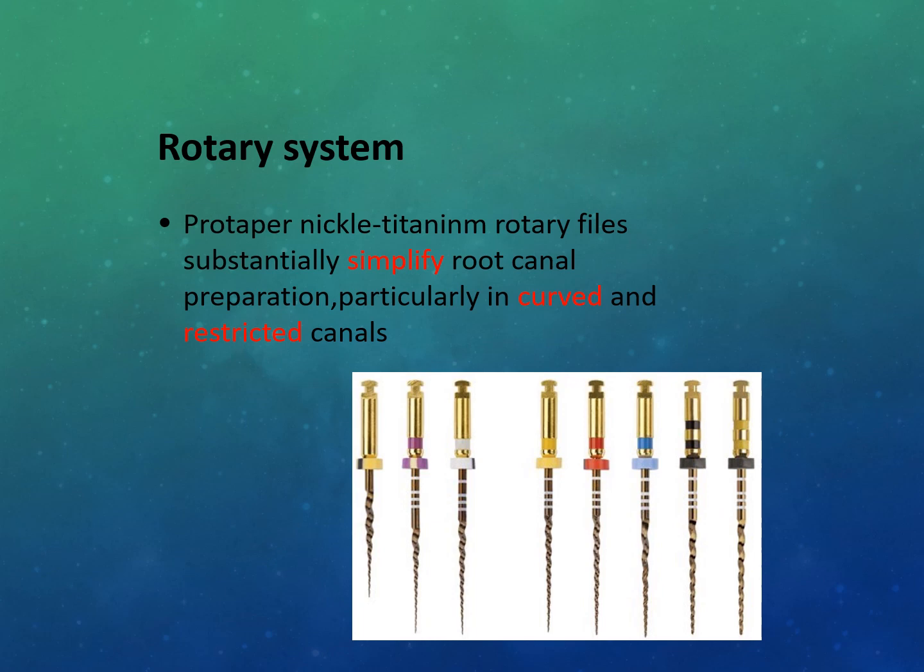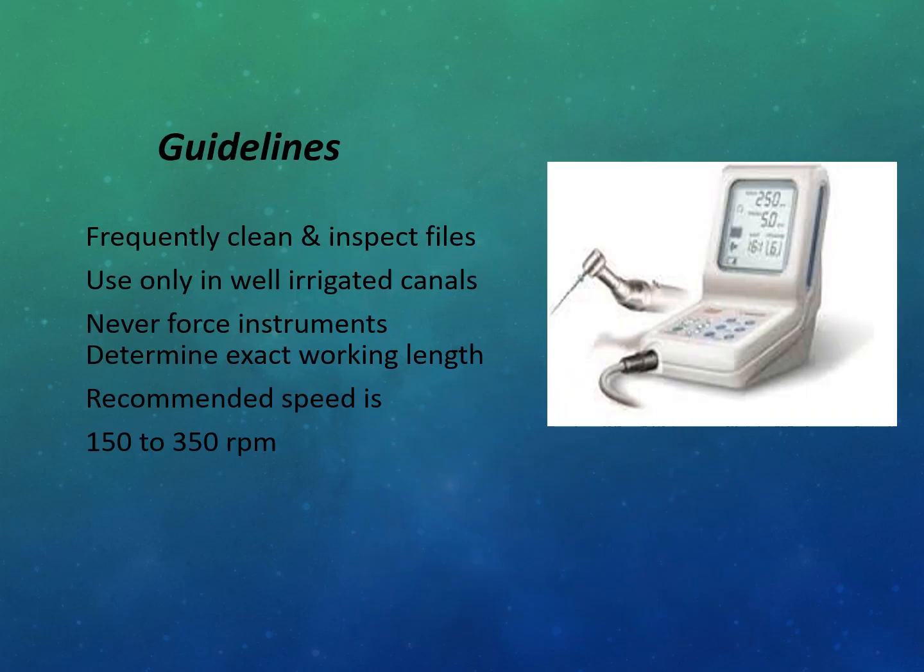Even though you pre-curve the file and then do the cleaning and shaping, there is a high chance of zipping or perforation or other problems. So in order to avoid that, the rotary system has more flexibility and easily adapts to your curved and restricted canals, and it automatically takes up the original shape when it is outside the canal. So these are the advantages, and the elasticity of the material.